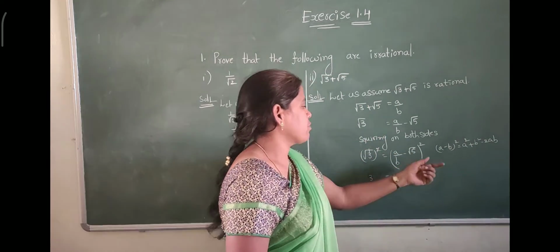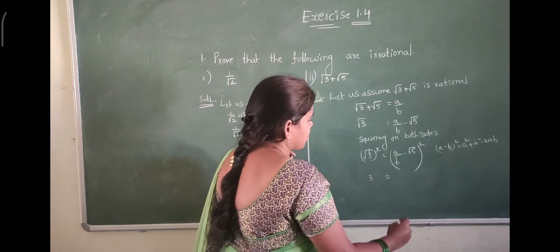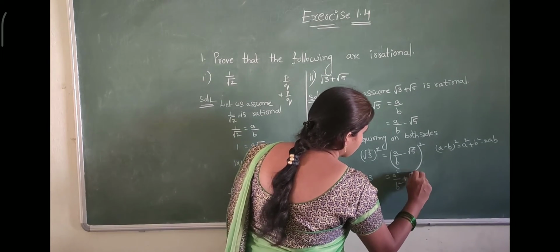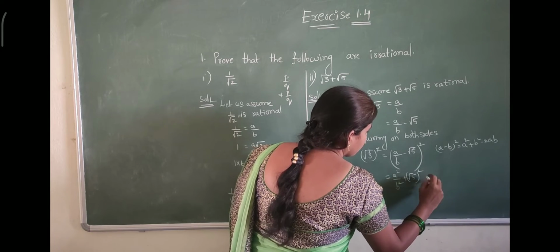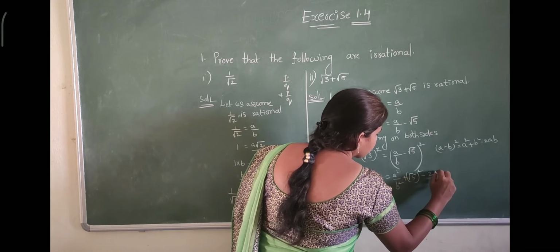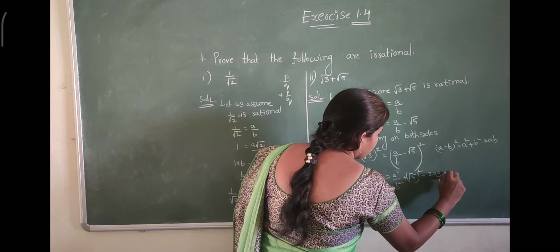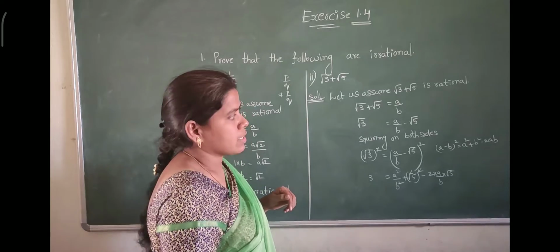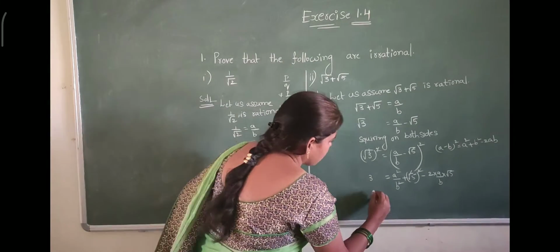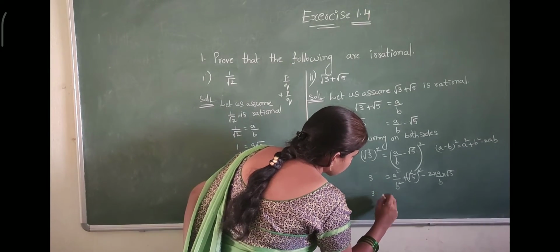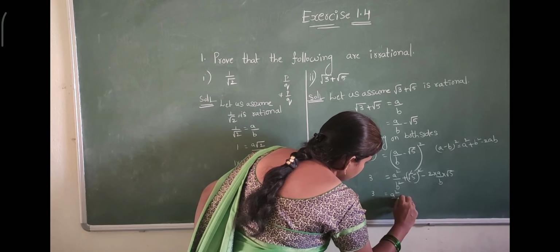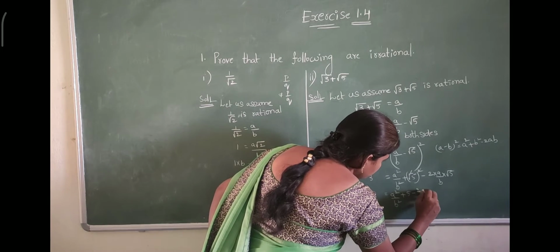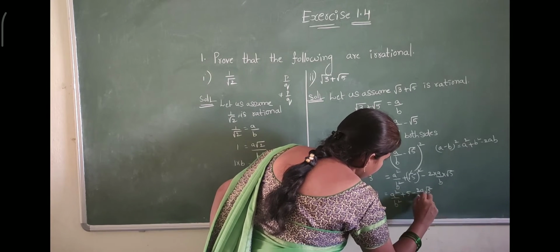Based on this formula, we can write it as a square by b square plus root 5 whole square minus 2 into a by b into root 5. Square and root cancel. Okay, 3 is equal to a square by b square plus 5 minus 2a root 5 by b.